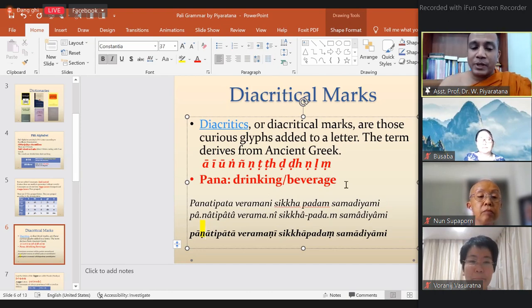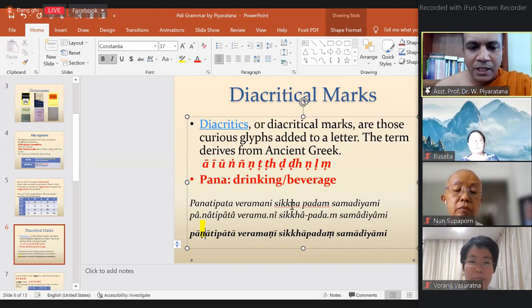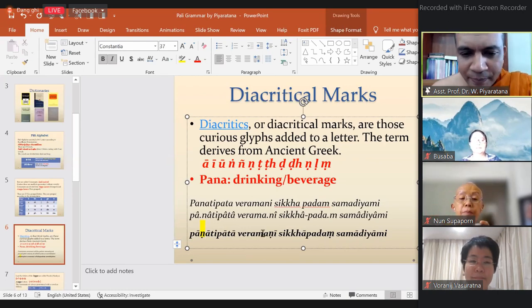But it has to be written with a diacritical mark. Otherwise, it brings a different meaning. If you miss diacritical marks when you write Pali, it probably brings a different meaning. So sometimes we have to be careful when we write Pali in English.